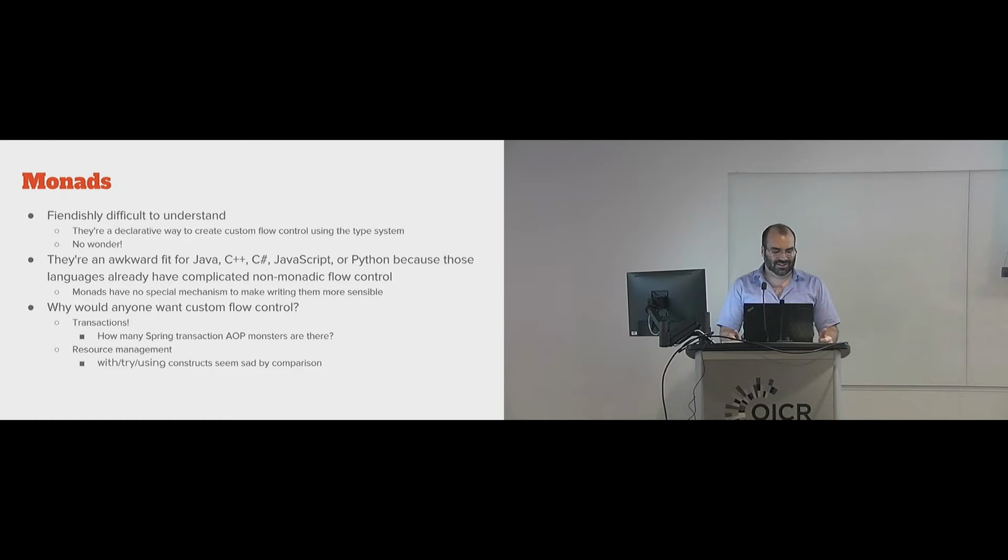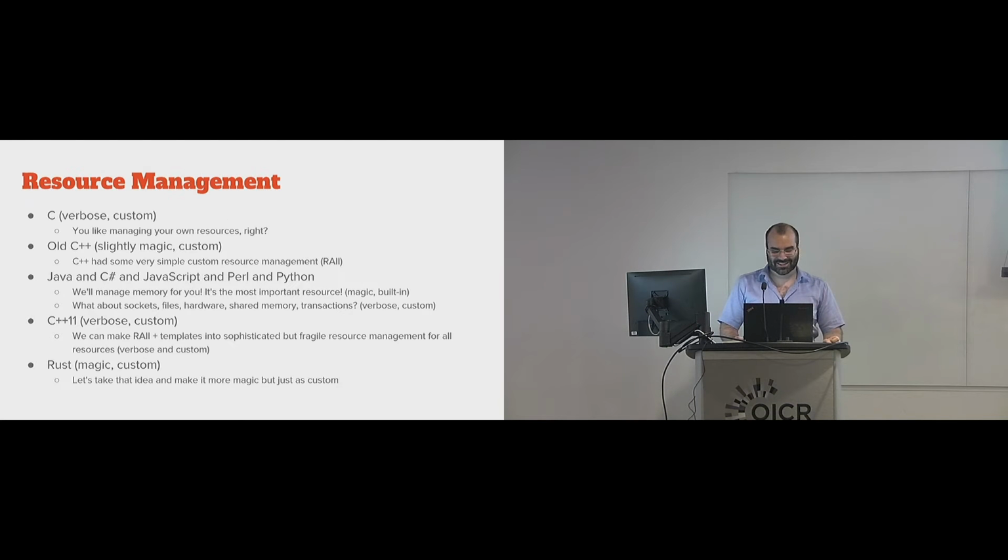Resource management. A lot of languages now have try-with-resources in Java, with in Python, using in C#, a construct that lets you manage resources. You could do that with a monad because it's a flow control operation of, when I'm done with this thing, make sure to clean it up. Whereas in Java, you have to stick in this thing, which is, okay, I need to interrupt the flow control that you are already doing to make sure that I clean up your resources. Thank you very much.